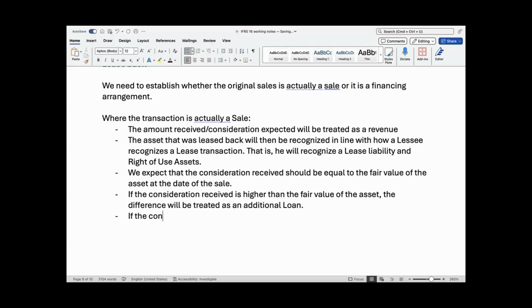Additionally, if it's the reverse, where the consideration received is lower than the fair value of the assets, the difference will be treated as. Let me give you an opportunity. Who can tell me what the difference should be?